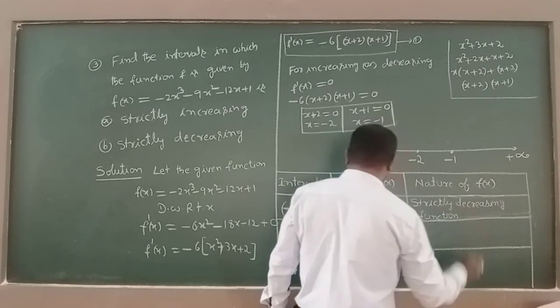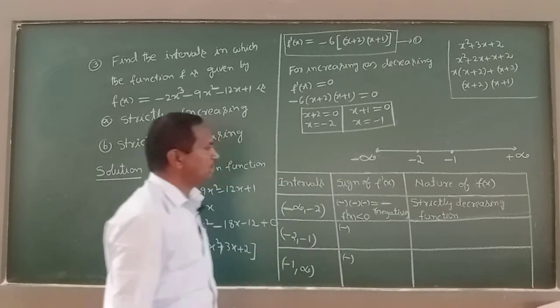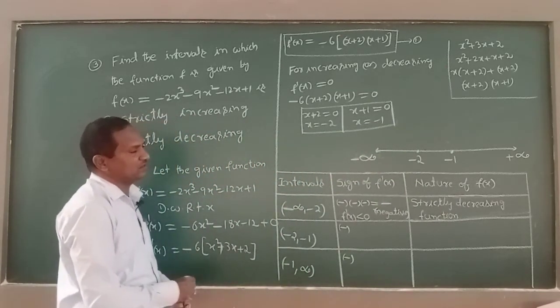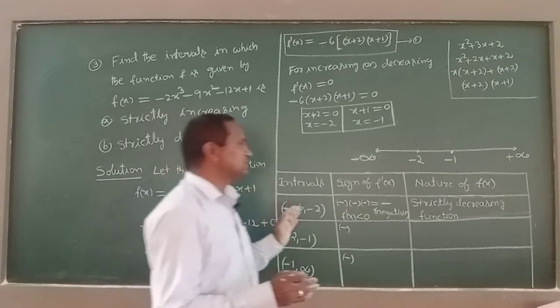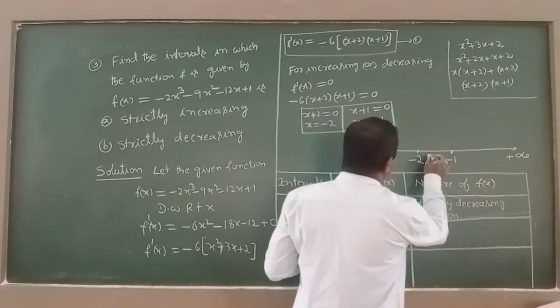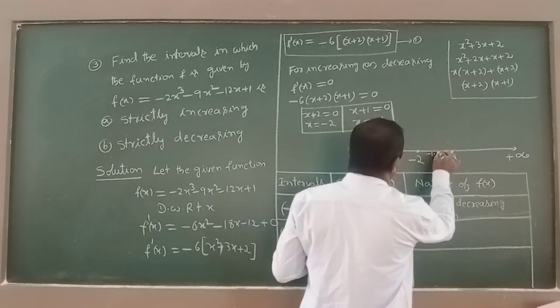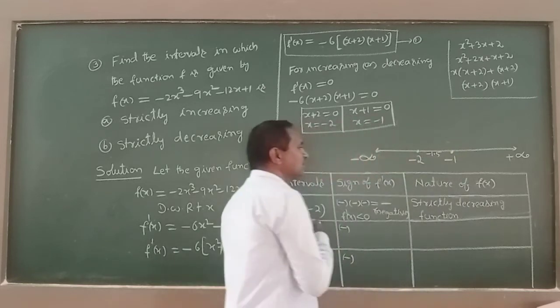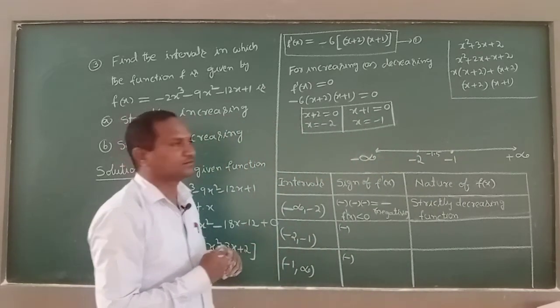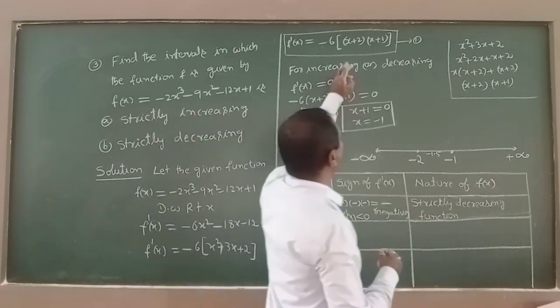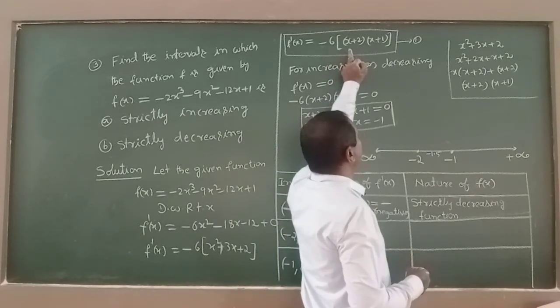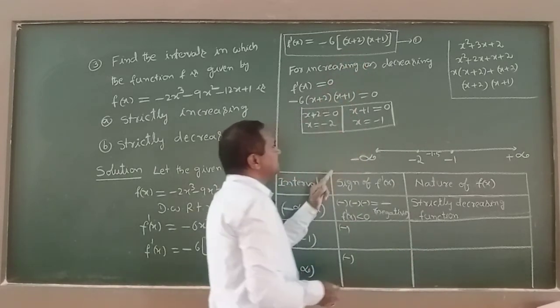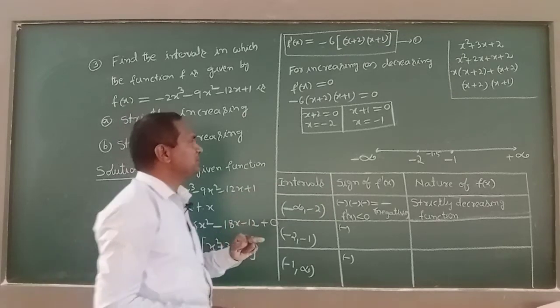That is enough for the first one. Next one is minus 2 comma minus 1. Between minus 2 and minus 1, generally minus 1.5 will come here. Substitute minus 1.5 plus 2, which means plus 0.5 will come.